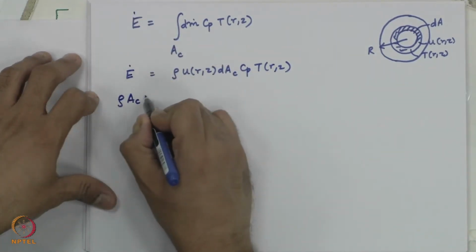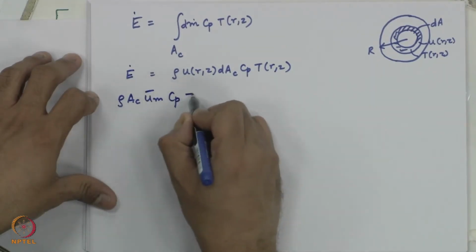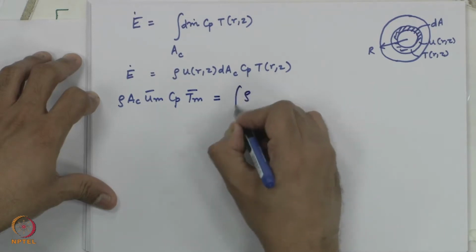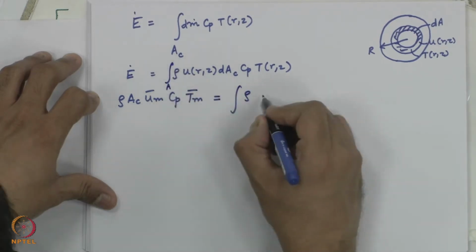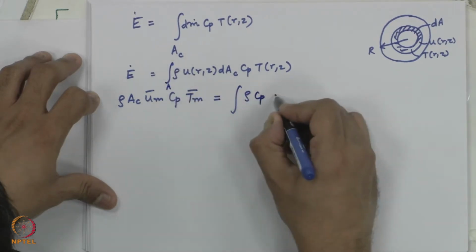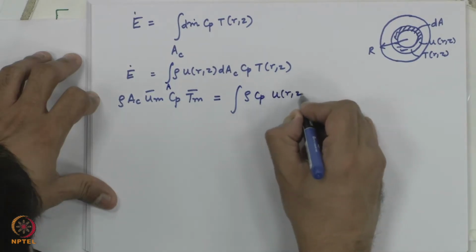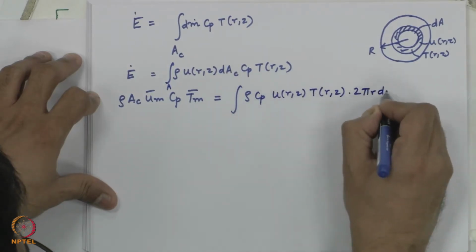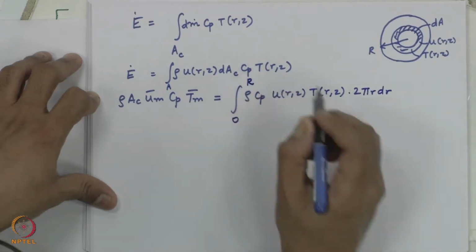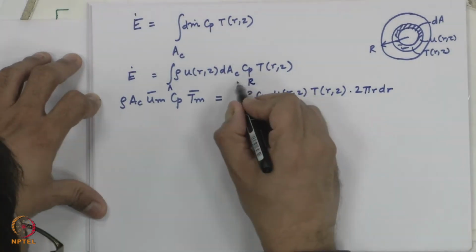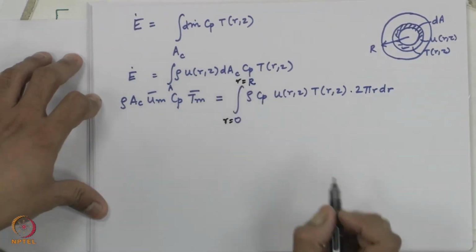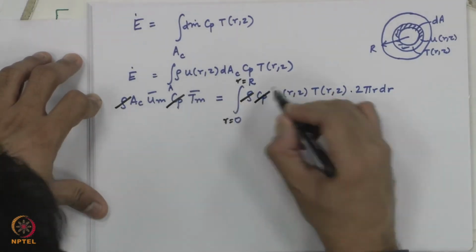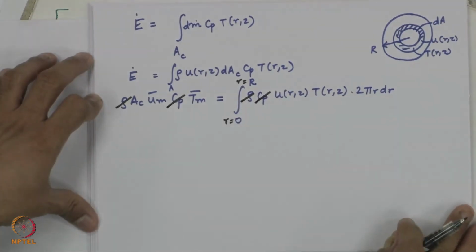Rho Ac um bar Cp T of bulk mean, which I want to find, is equal to integral rho Cp u of r comma z T of r comma z 2 pi r dr from 0 to capital R. This is the limit, r equal to 0 to r equal to capital R. Rho cancels, Cp cancels, constant properties, nothing is changing.